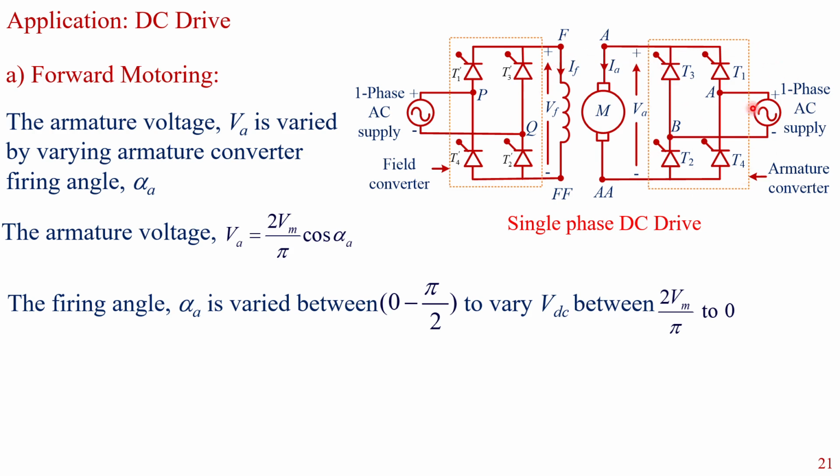This is the armature converter and this is the field converter, and the armature voltage can be given as 2 Vm over pi cos alpha A, and by varying alpha A between 0 to pi by 2, the DC output voltage can be varied from 2 Vm by pi to 0 in forward motoring mode.